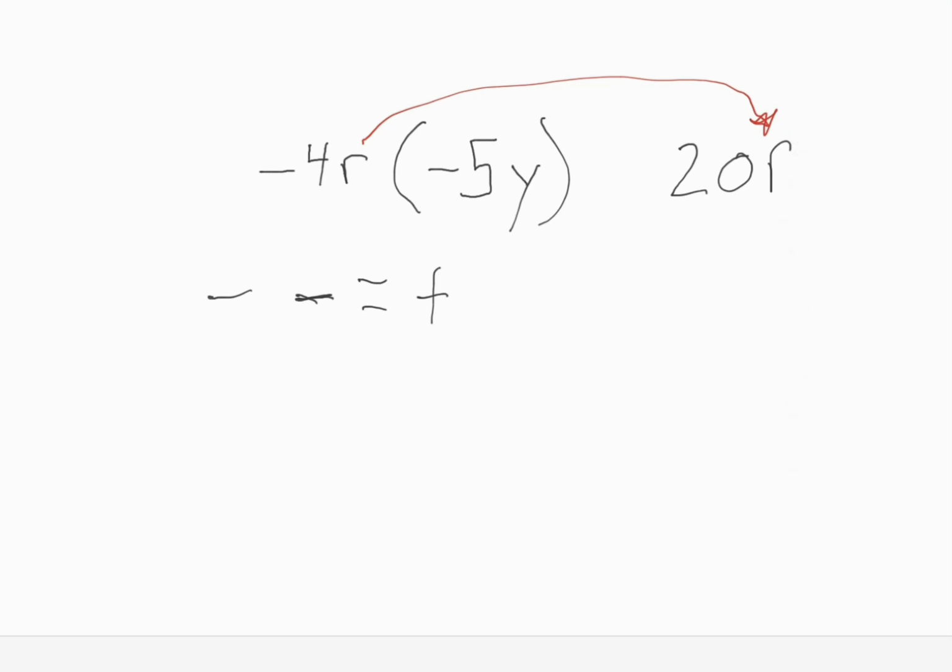And now this y, which is also to the first power, we're going to slip this over here. So the answer is 20ry. Remember, invisible multiplication signs in between each of these: 20 times r times y.